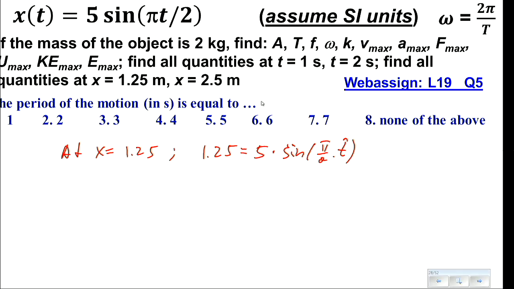This requires some trigonometry. 1.25 divided by 5 equals what? 0.25. 0.25 is a quarter.